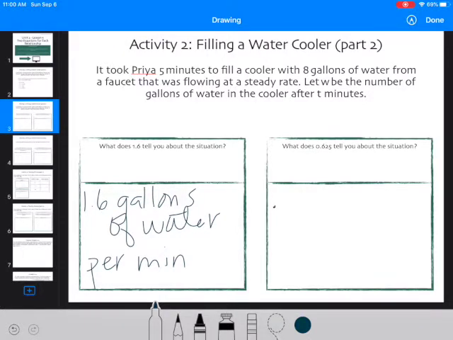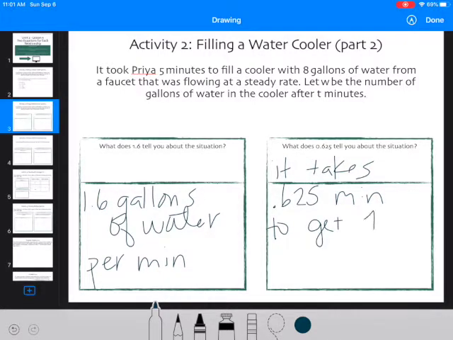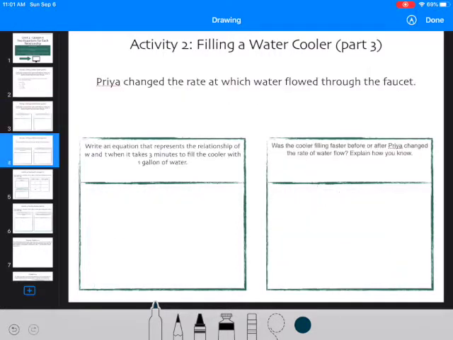That it takes 0.625 minutes to get 1 gallon of water. So those are your two constants of proportionality.